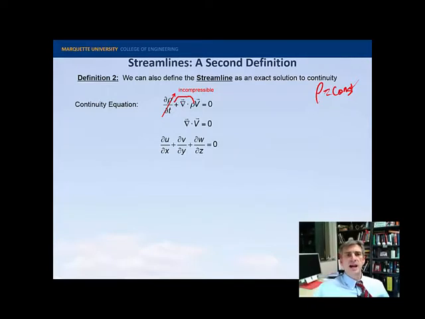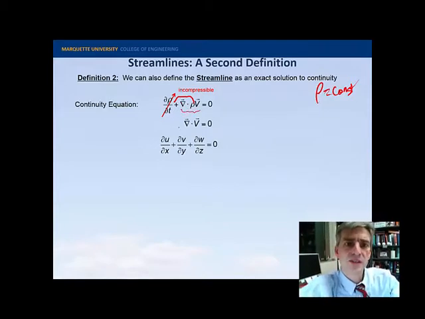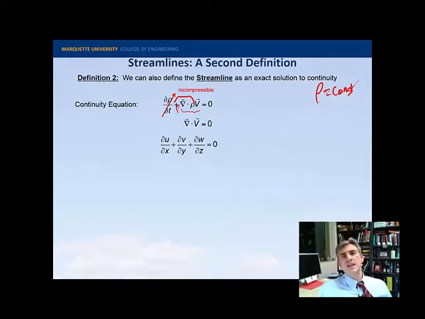And then I make the recognition that rho can't be 0, and it means then that the onus is on del dot v to be 0. So del dot v is equal to 0 comes from the continuity equation, and it's a very common expression in fluid mechanics. It basically represents the conservation of mass equation in differential form for incompressible flow.